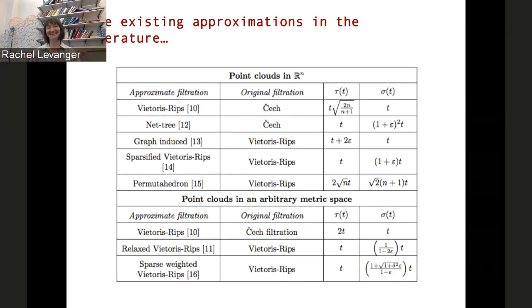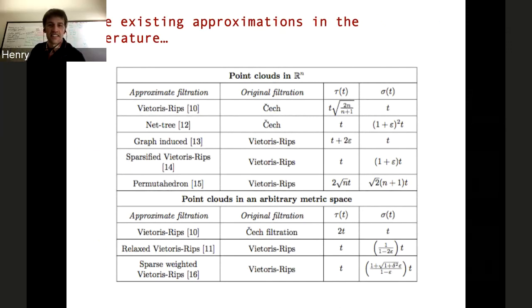So that's the idea. Yeah, Liz responds, okay, I'm overcomplicating, thanks. But yeah, Rachel, your balances look exactly right there. In Euclidean space, you can only do square root of 2. You can do better if n is smaller, but then in arbitrary metric space, you can only do 2. You can't do square root of 2.